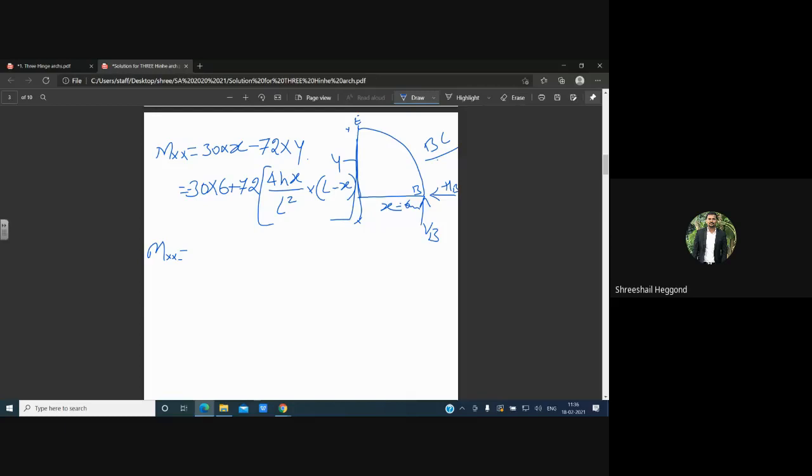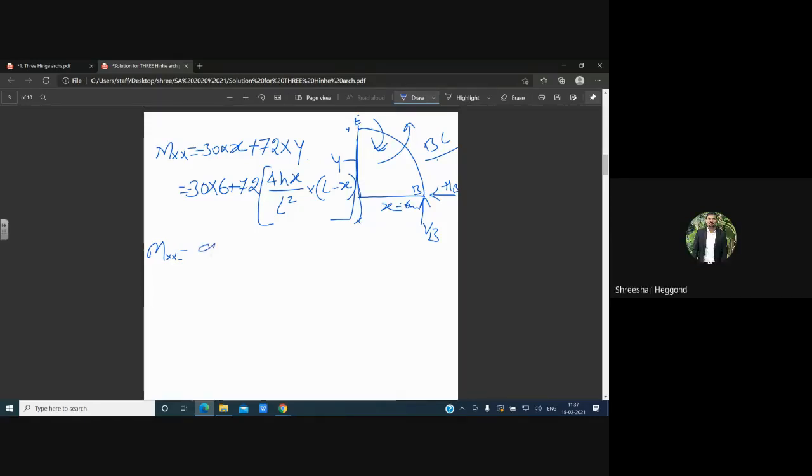And the 30 kilonewton reaction will become anticlockwise because it will be acting in the opposite direction, and 72 will be acting in the downward direction about the XX point. Therefore, the value will be how much? Positive 90 kilonewton meter. That is the moment.